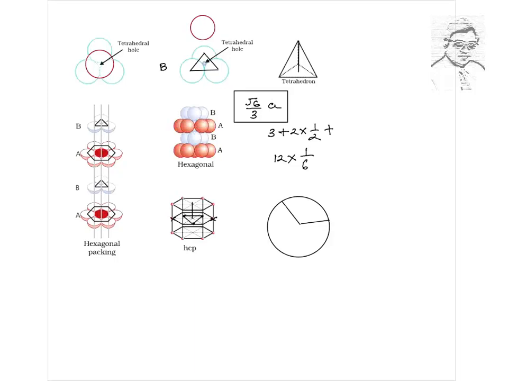Look at the balls here, or it will become even clearer in this drawing. This was the edge length, right? The edge of the tetrahedron I'm talking about. So a is going to be 2r.